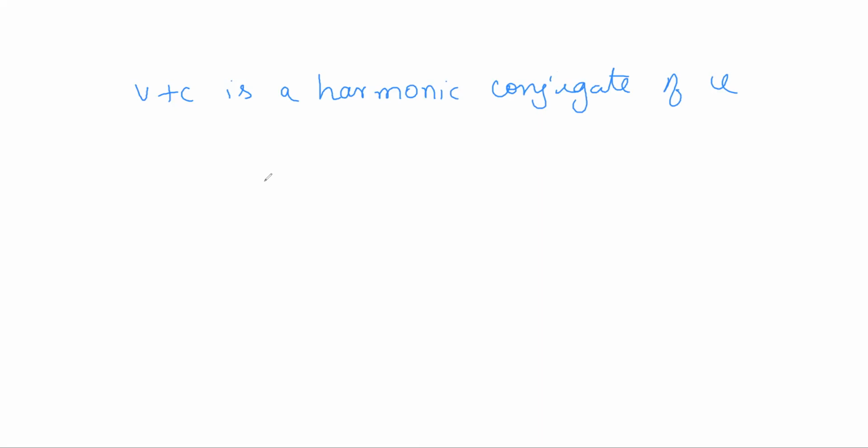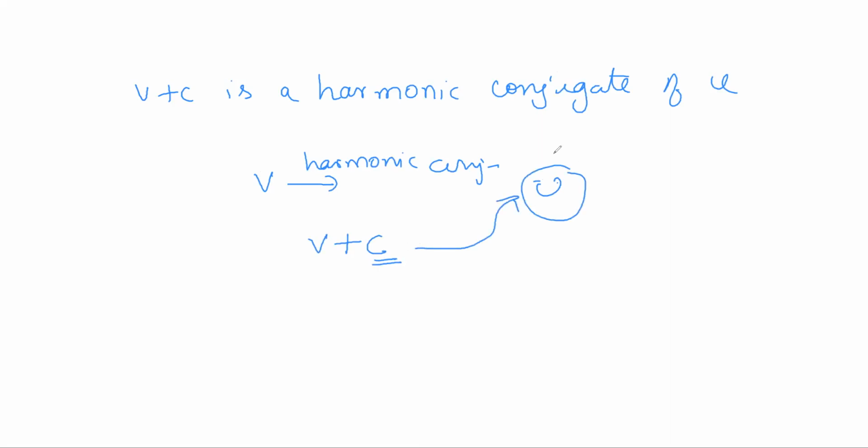If I say V is a harmonic conjugate of U, then for every real constant C, V plus C is also a harmonic conjugate of U. Whenever V is a harmonic conjugate, V plus C will also be a harmonic conjugate. Or in other words, we say it is unique up to scalar addition, right?